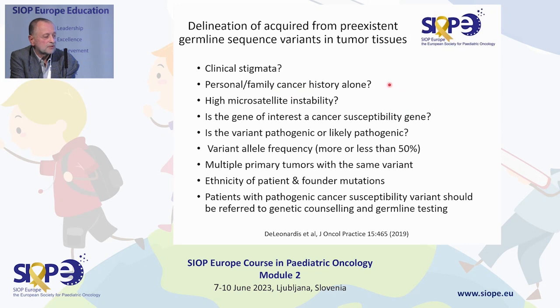You look at the personal and family cancer history. You look whether there are any signs of cancer, high microsatellite instability. If you find mutations in a gene, you have to check whether it's a cancer susceptibility gene. You have to distinguish, as I said before, pathogenic or likely pathogenic variants from benign ones. And you can also look at the allele frequency.